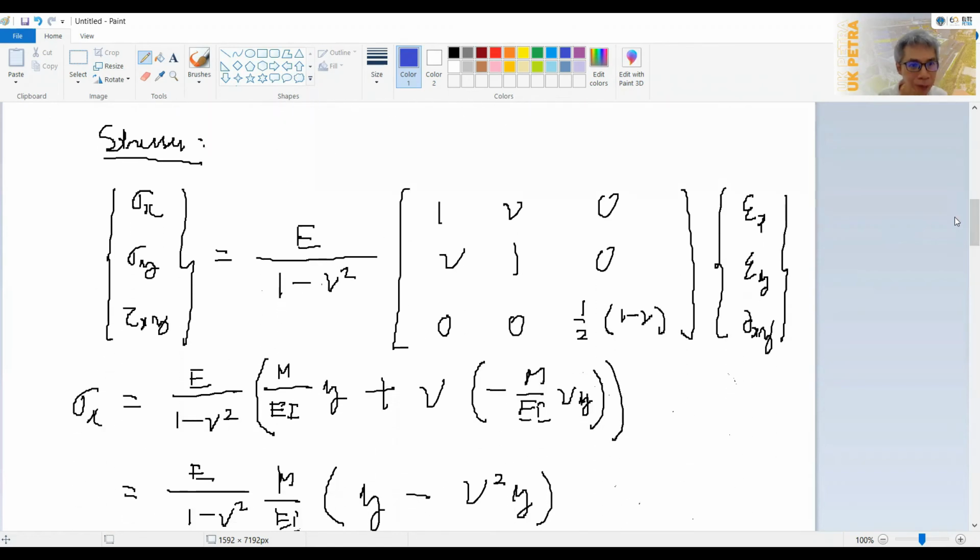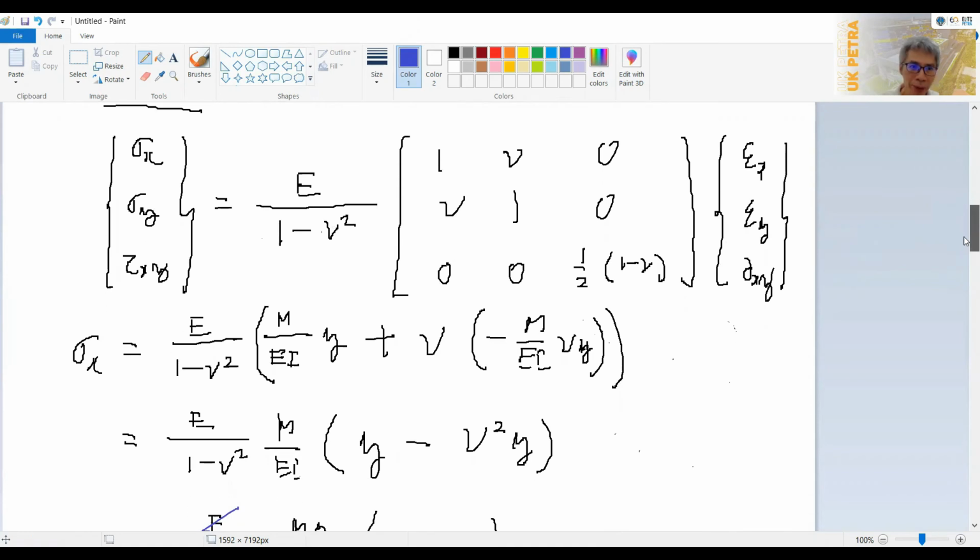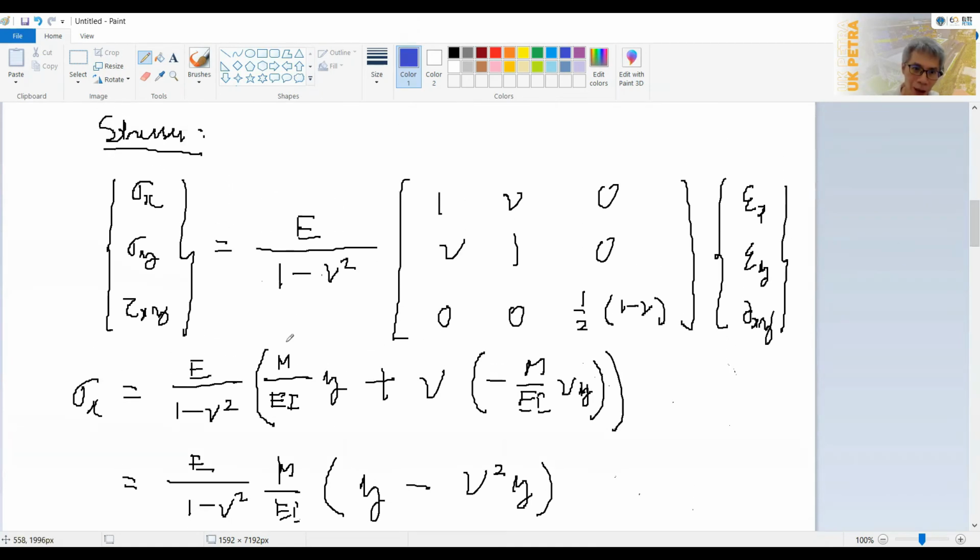How to calculate the stress components? Well, the stress components in plane stress consist of sigma x, sigma y, tau xy. The relationship is given by this matrix, right? So we can calculate sigma x, just write like this: E over 1 minus nu square times epsilon x plus nu epsilon y.